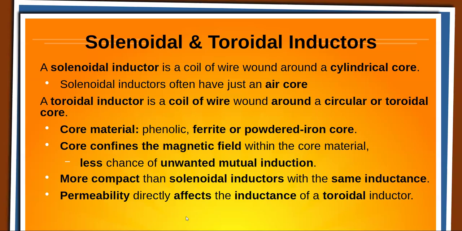But it's a formula that not only includes the permeability, but the area of the coil itself and the number of turns. So the more turns you have, the larger the winding is, and the permeability all affect what the end result is in inductance.